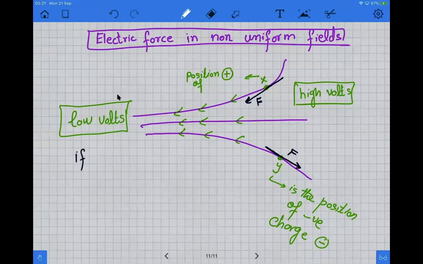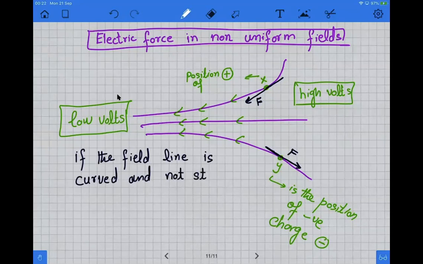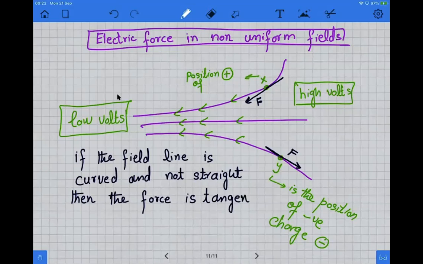So if the field line is curved and not straight, then the force is tangent to the line.